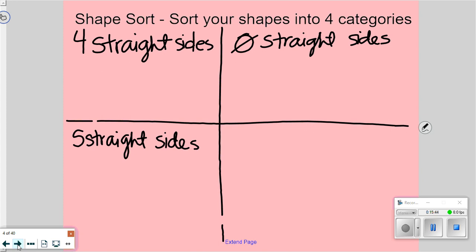Tegan? Less than 4 sides. Well, I can't say less because I also have 0. 0 is less than 4 straight sides. What would be that last category? Okay. These are our 4 categories. Go ahead and sort your shapes.